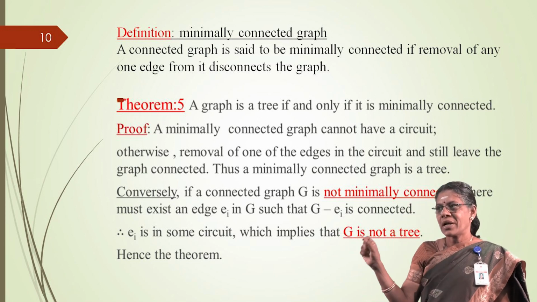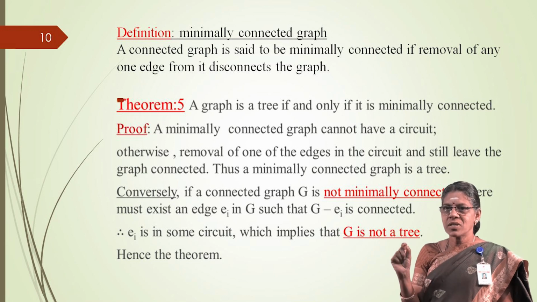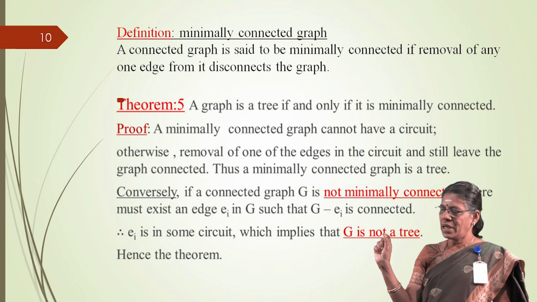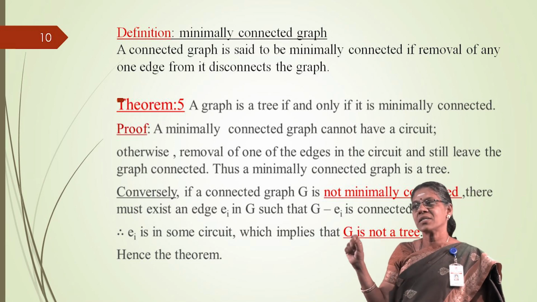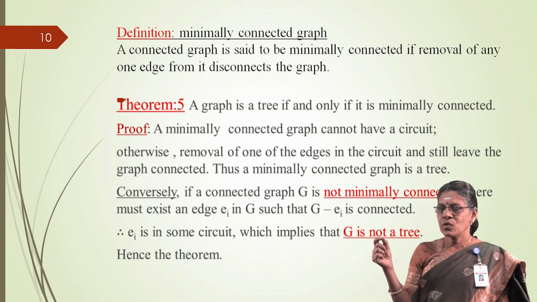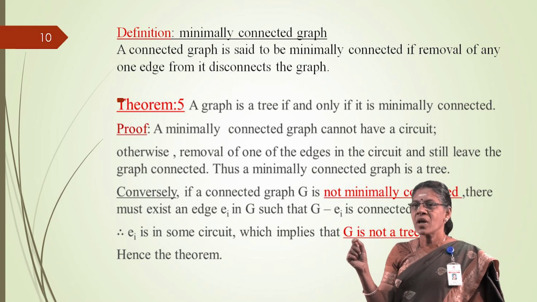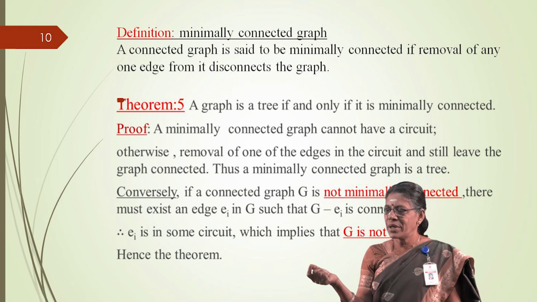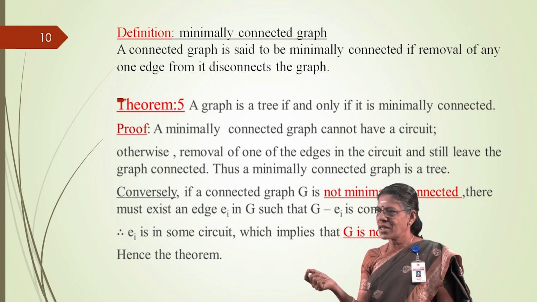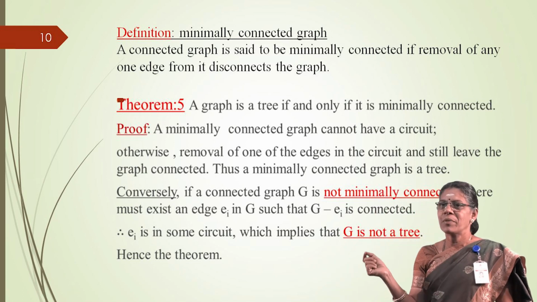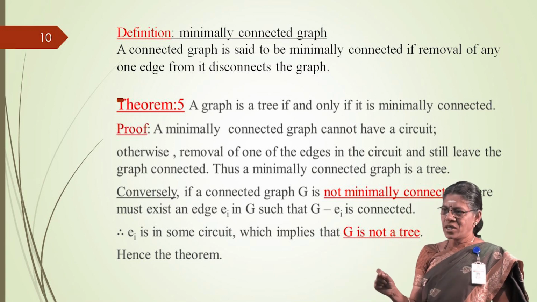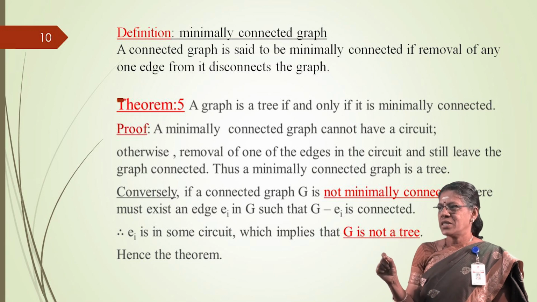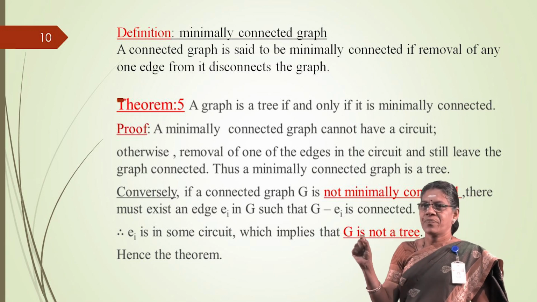Not minimally connected means there must exist an edge Ej in G such that G minus Ej is connected.